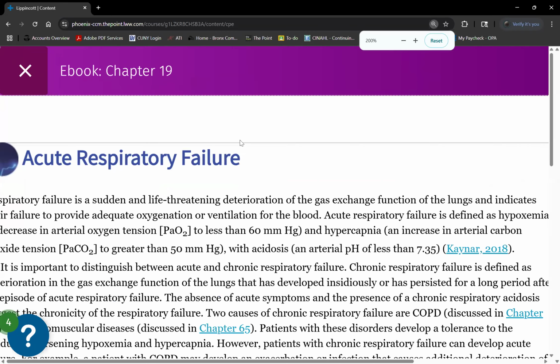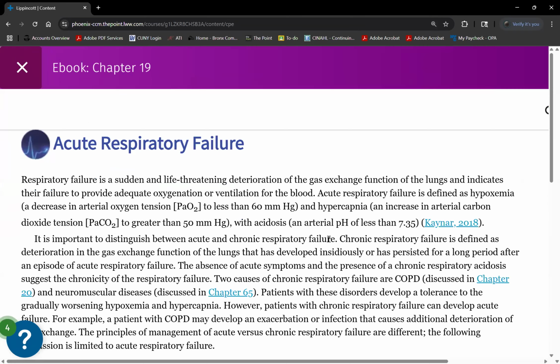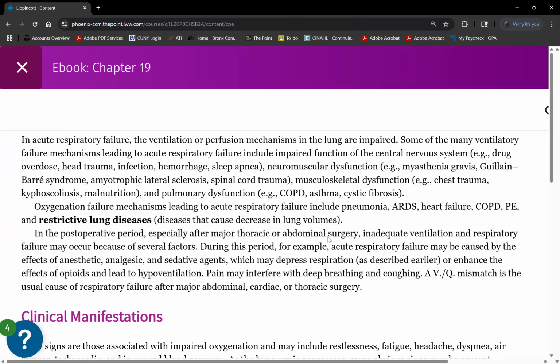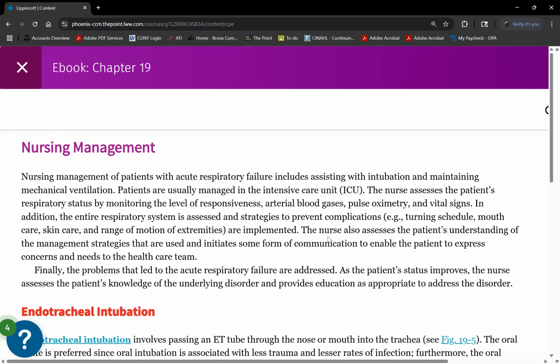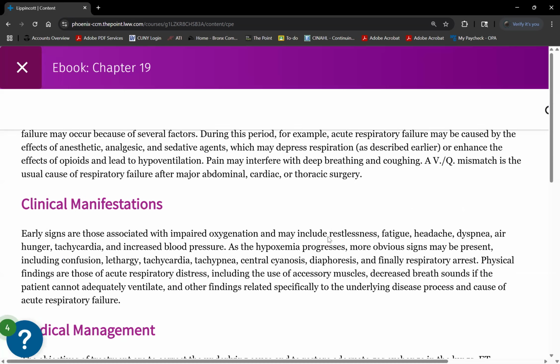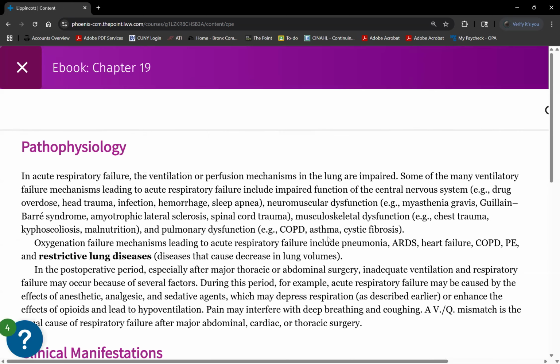For respiratory failure, this is a state. So there are many causes. I'll go to the causes first. Okay, so causes are multiple. There are cardiac causes. There are also pulmonary causes.